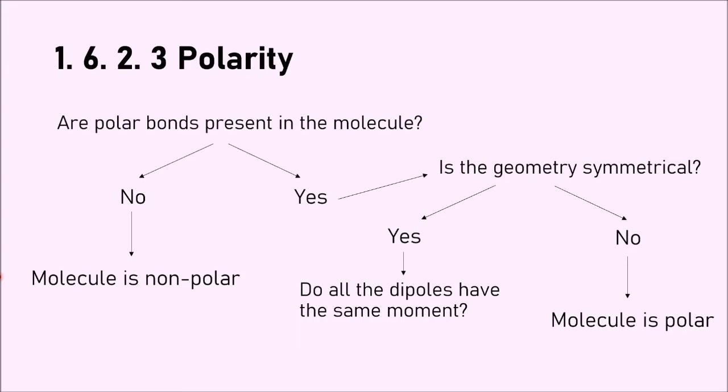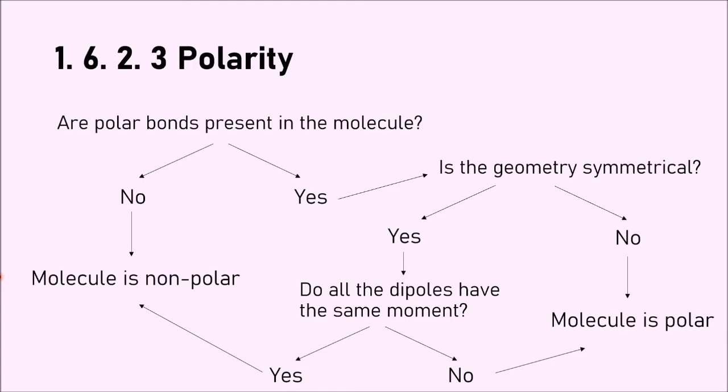Are the atoms that surround the central atom the same? If they are not the same, that means we have different electronegativities, different strengths of the polar bonds, an overall dipole moment, and therefore the molecule is indeed polar. If they're all the same and the geometry is symmetrical, great, the molecule is non-polar.